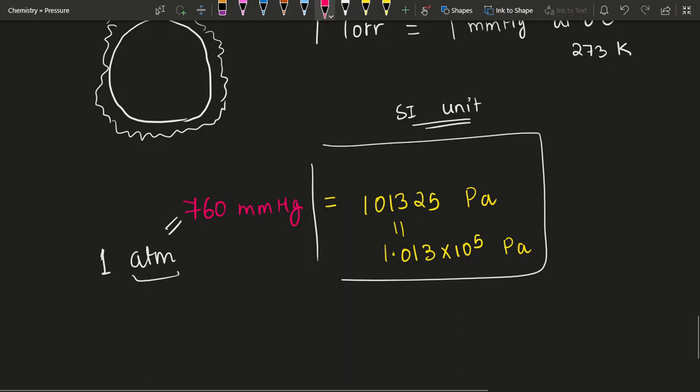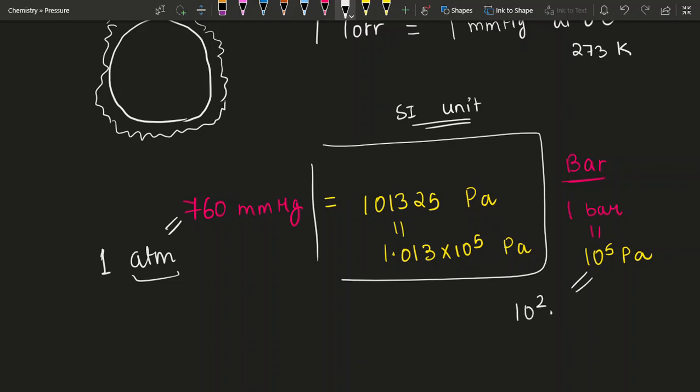Sometimes in books, you also encounter a unit called bar. And one bar is just equal to 100,000 or 10 to the power 5 pascals. 10 to the power 5 pascals or 1 bar is one and the same thing. And you can also write 10 to the power 5 as 10 to the power 2 times 10 to the power 3 pascals.